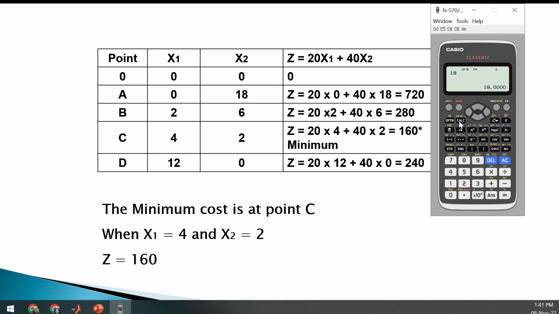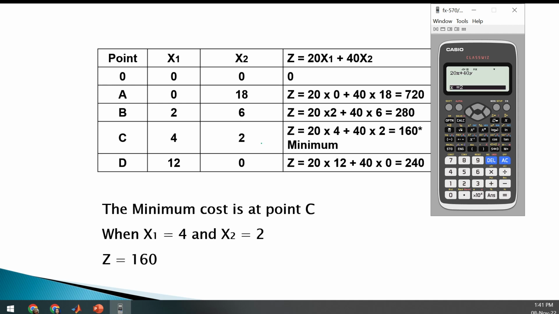Okay, hold on. Where's my function already? My 20 alpha x plus 40 alpha y. Calculate. Now x is 0, go down, y is 18. Equal one more time, so you get 720. Then calculate again for B, x is 2, y is 6, so you get 280.